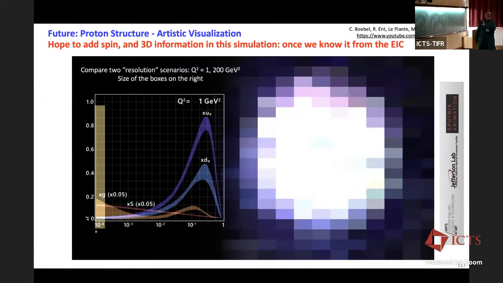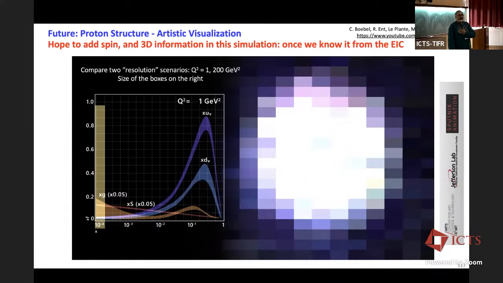I want to not show this again, this is the last slide, but you've seen this before. What you didn't see in this simulation was what spin was doing, how the quarks were moving in the transverse dimension, and whether there was an orbital part. We didn't show that yet. All of that is new. All of that will come eventually in simulations, but before that, it will have to come with the data.